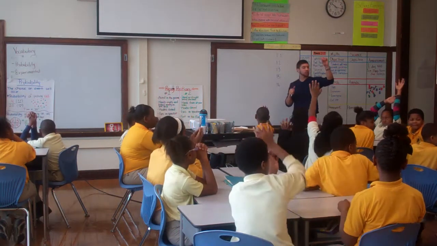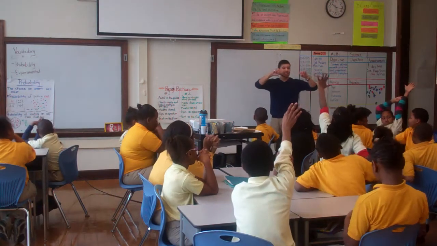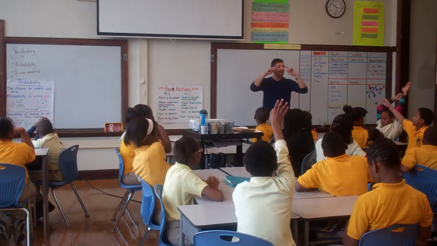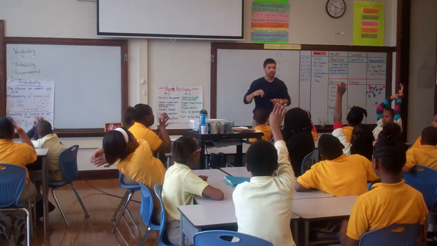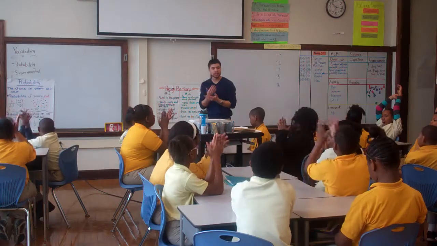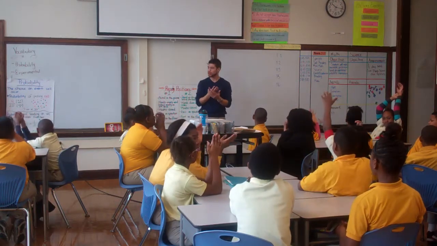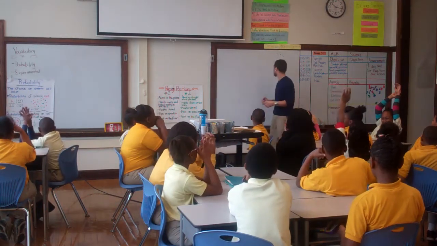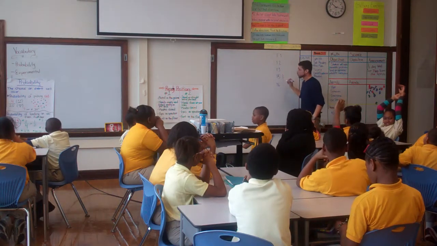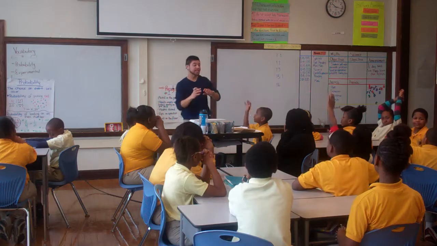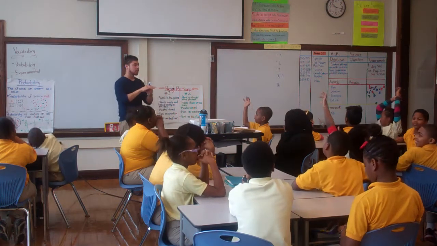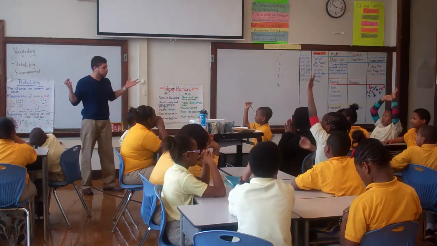So the thing is, you start earning points when I see your whole table complying with the direction. So clap once, clap twice. So table 5. Do we smack our lips? Do we say what? No. Come on, that's how you get points taken away. So let's figure out what our reward is going to be.